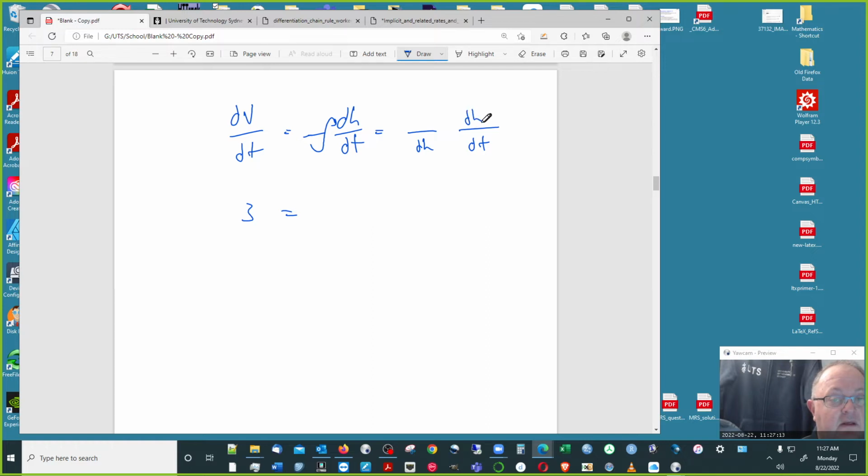We don't know anything else about the question, so what would go on the top here? We're still going to get dV dt. Just d, or would it be dV? dV? Yeah. So dV. We're still going to get dV dt. There it is there. It's just that we're going to go through something else to get it.